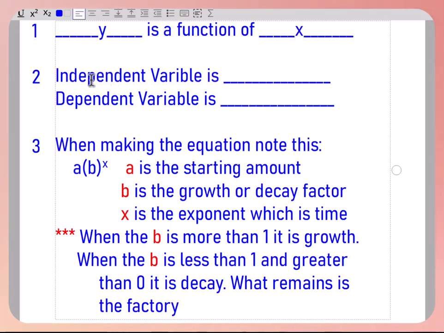Now the independent variable is always going to be your input, so the independent is x. And the dependent variable, once we input x, we get an answer. Our output is going to be our dependent variable. It depends on what x is.